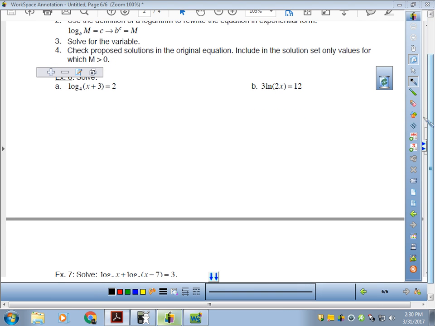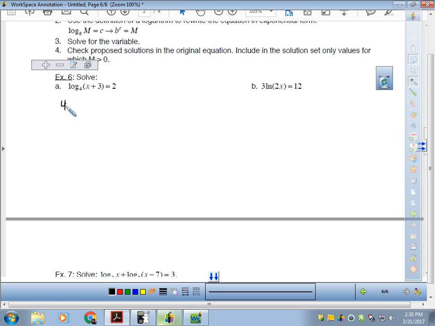In example 6, it asks us to solve, and here we have log base 4 of x plus 3 equals 2. The logarithm is by itself, and the constant is over here, so that's good. We're fine on that. So we're going to now rewrite this as an exponential.